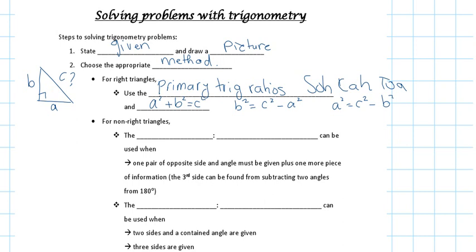For the non-right angle triangle, what do we use? What are the laws that we can use? Sine law or cosine law? So the sine law, can you remind me of the sine law? What's the formula for it? A over sine A equals B over sine B, or it could be the other one, which is the inverse of that.